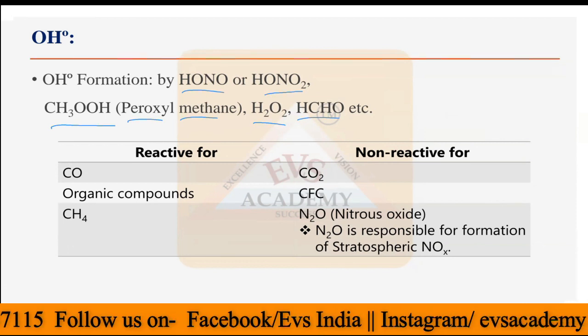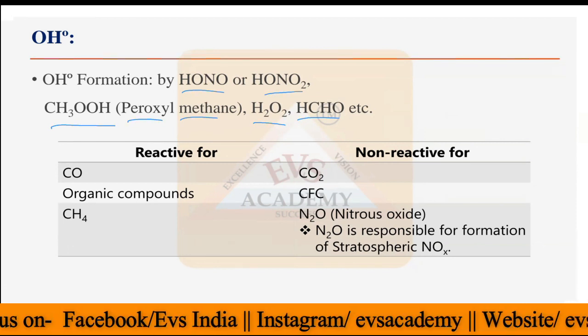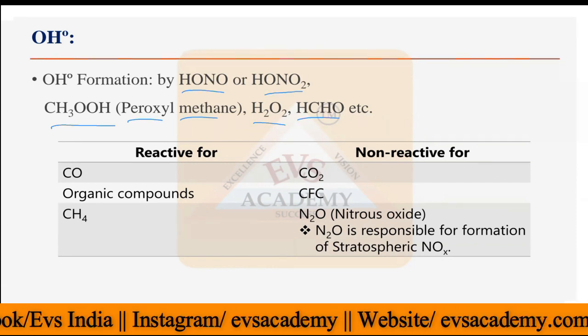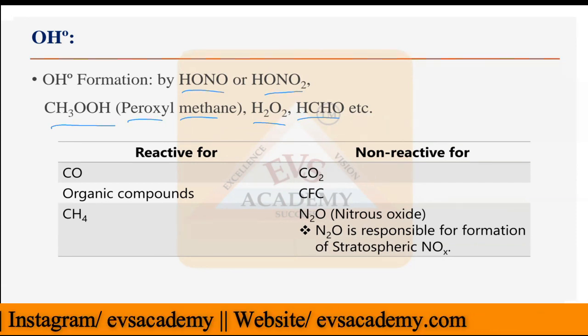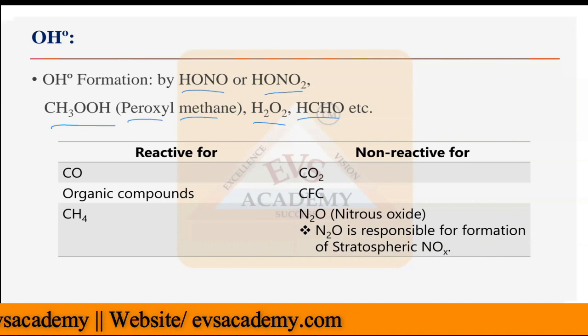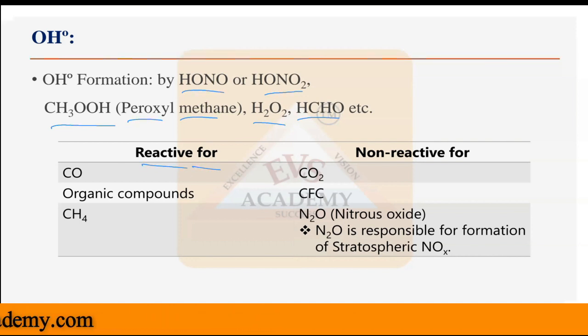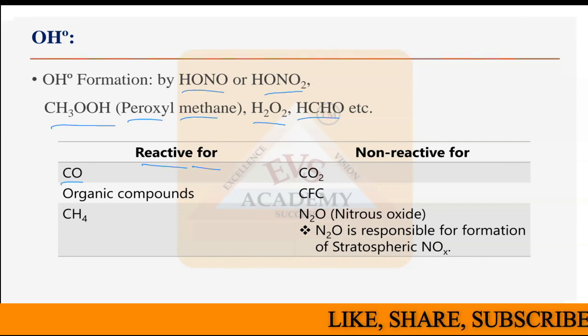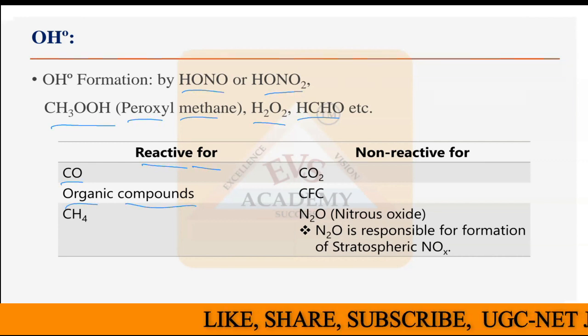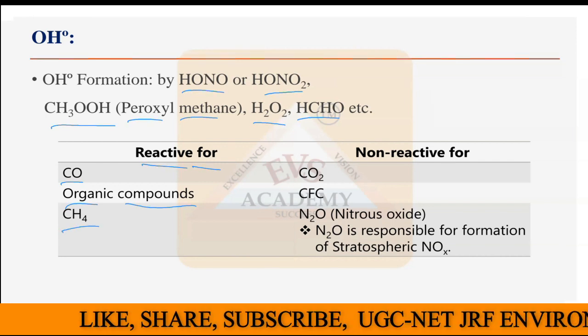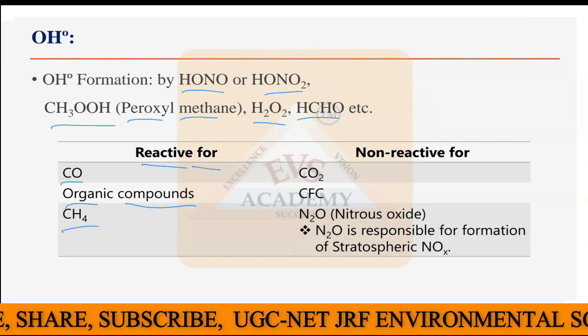Now this OH radical acts as a scavenger, as I have told you, so it purifies or filters the atmosphere. But it can filter only those species with which it is reactive. It is reactive with carbon monoxide, so it can remove carbon monoxide from the atmosphere. It can remove organic compounds, and it can also remove the methane present in the atmosphere.